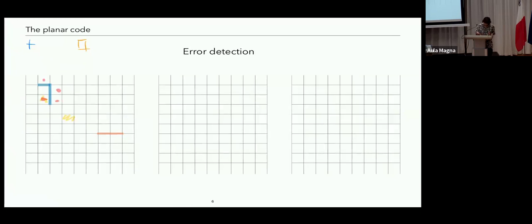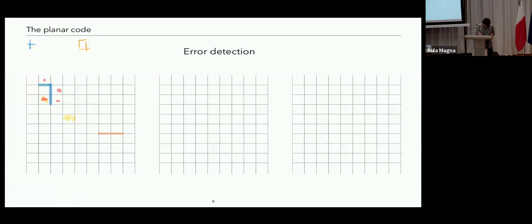And similarly, so what I'm saying is that whenever I have a blue kind of error, like this one, what I can do is measure the plaquettes that are on the system adjacent to it. And what I'm going to obtain is that all the plaquettes that have odd overlap with the error itself are going to tell me that an error is present.